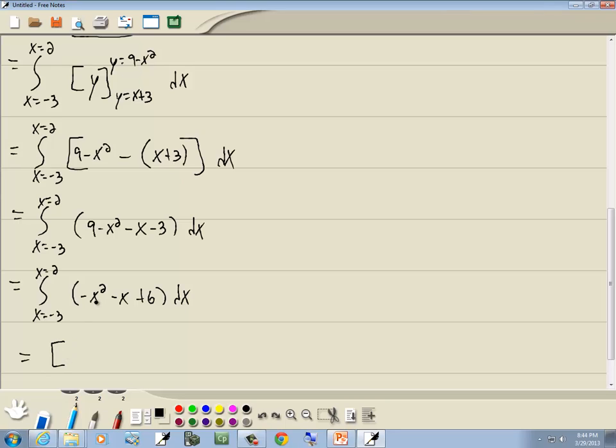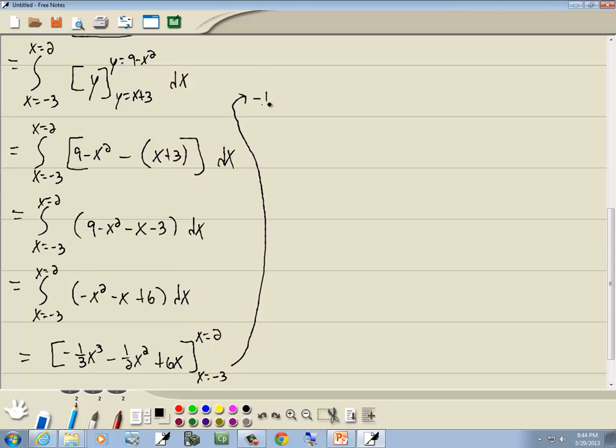Well, I take the integral of this, so we'll add 1 to our power, divide by our new power, so that gives us negative 1/3 x to the third minus 1/2 x squared plus 6x from x equals negative 3 to x equals 2. Okay, so plug in our numbers. So put 2 in.